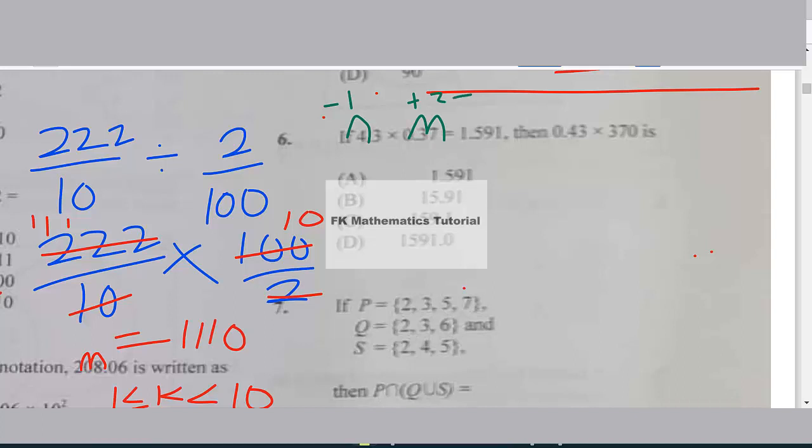So that will give us +1. So it means that in the final answer, the decimal point must move forward once because of the +1 here. So the answer will be 0.43 times 370.